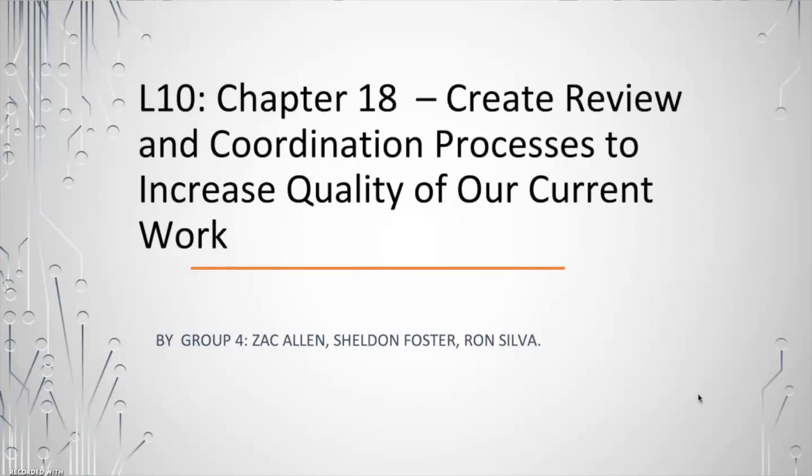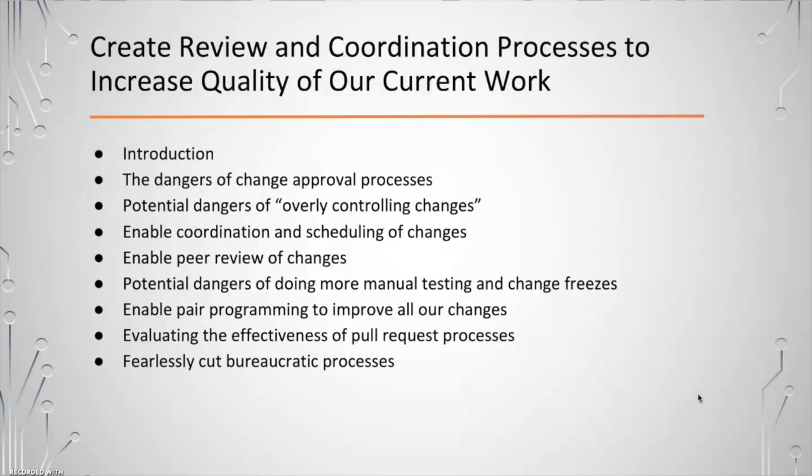Chapter 18. Create review and coordination process to increase quality of our current work by Group 4, Zach Allen, Chandler Foster, and Ron Silva. In this chapter, we will talk about the danger of change approval process, potential dangers of overly controlled changes, enable coordination and scheduling of change, enable peer review of change, potential dangers of doing more manual testing and change freezes, enable pair programming to improve all our changes, evaluating the effectiveness of pull request process, fairly good bureaucratic process.